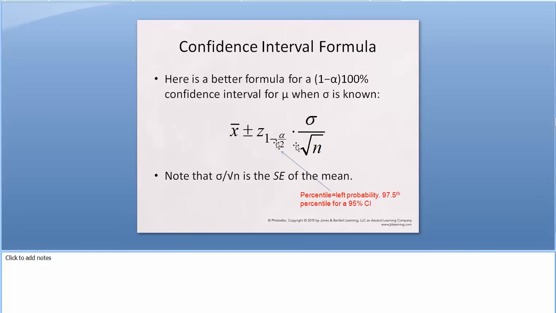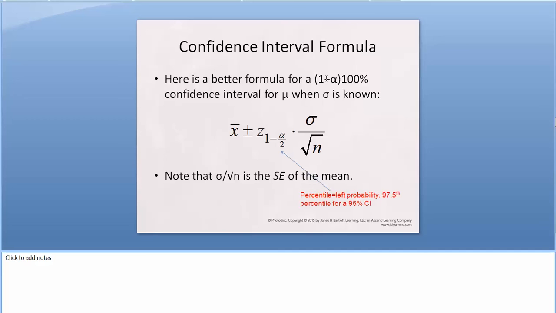Now this is actually symbols jargon here. This whole business, 1 minus alpha times 100, is 95. So if this is 95, you can say that 1 minus alpha is 0.95, right? So 0.95 times 100 will give you 95. This 0.95 is actually the middle portion of the normal curve.